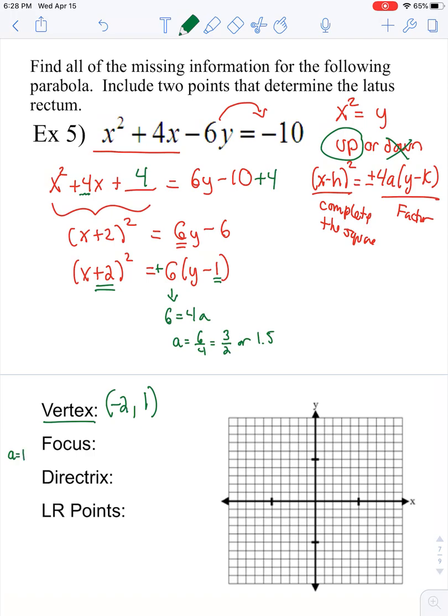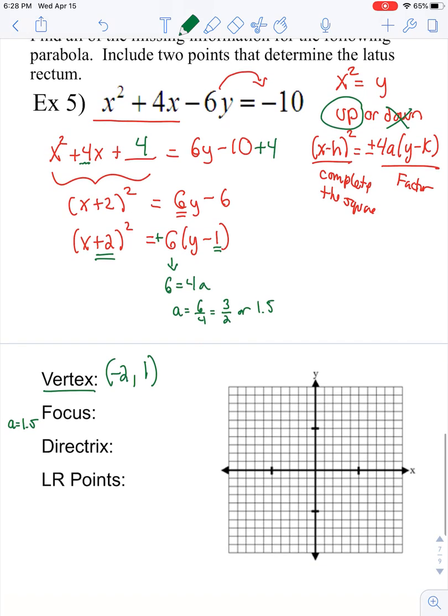Since I already know that my a value is 1.5, I can actually find my focus and directrix right away, but I would recommend plotting the vertex first. So the vertex is at (-2, 1). Here's my vertex. We know it's opening up, so for my focus, I'm going to go up 1.5 units. That's going to put my focus at (-2, 2.5).